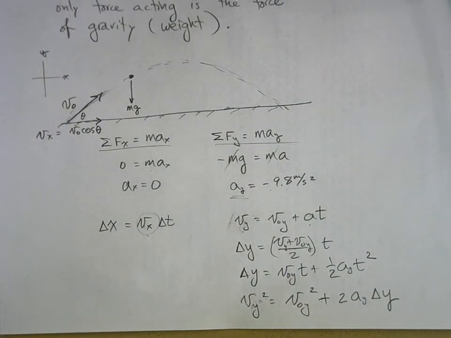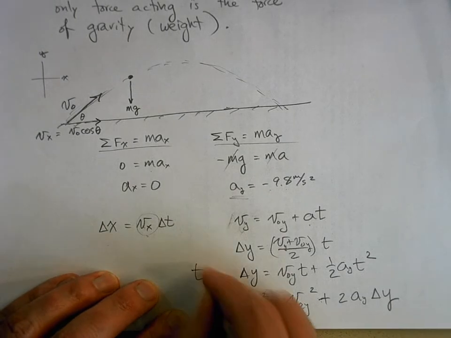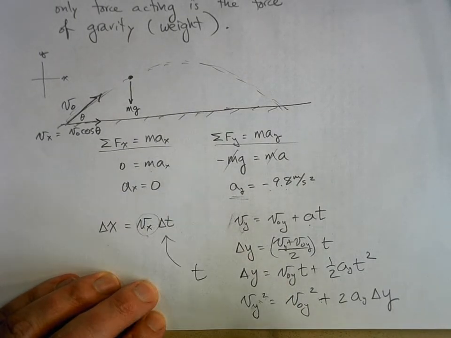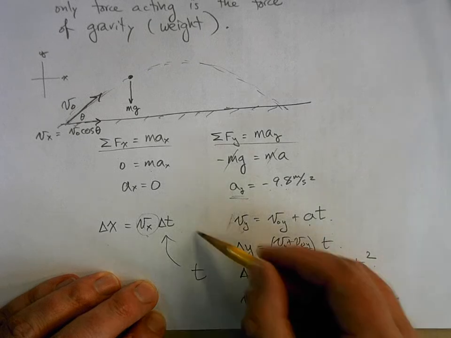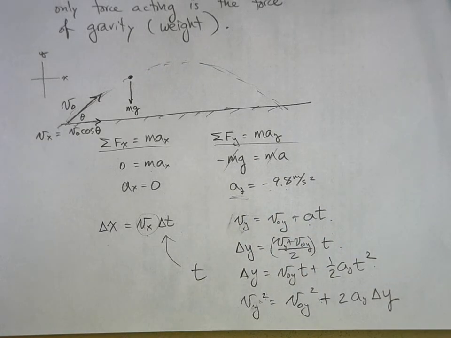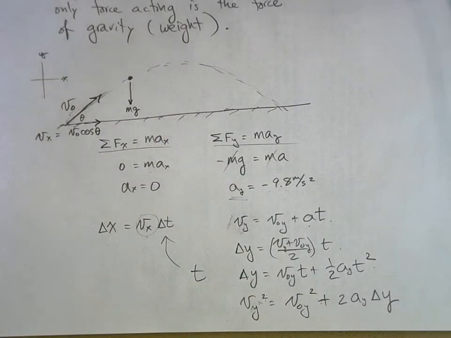Now, what's the same in both equations? Time. So really, it's kind of like the object is moving in the x direction and the y direction at the same time.